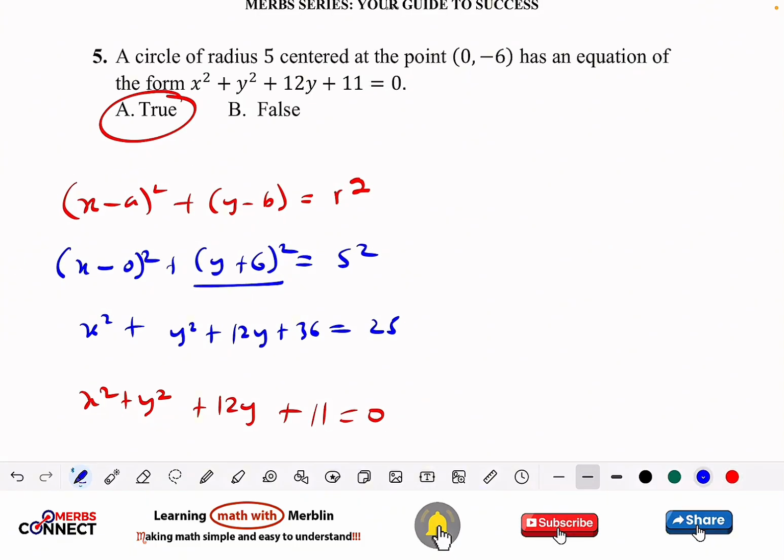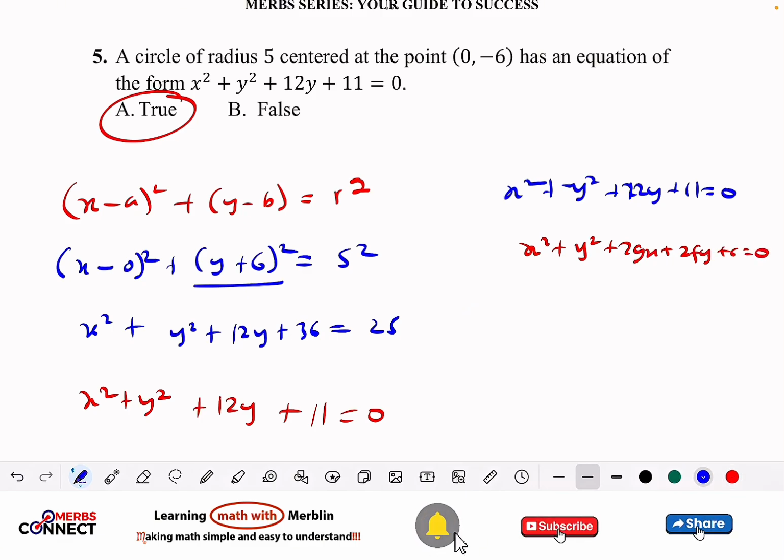Now, without using this one, you can use another way to solve this. I'll pick x squared plus y squared plus 12y plus 11 is equal to 0. And I'll try and find the center and the radius from here. So remember the general formula, x squared plus y squared plus 2gx plus 2fy plus c is equal to 0.